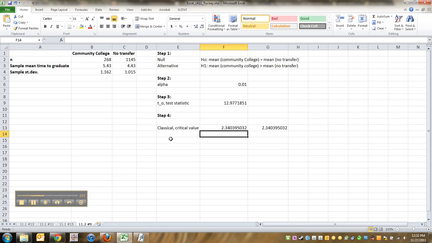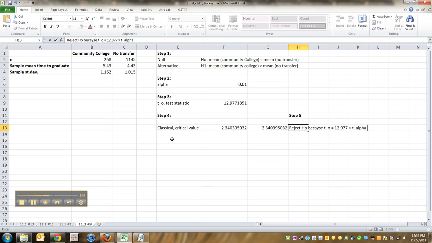And hopefully you can see if this is classical method, your step 5, you are totally going to reject H naught, right? All right, so reject H naught because your T0, which is your test statistic, which was 12.977, is greater than T alpha, your critical value, which was only 2.34, right?